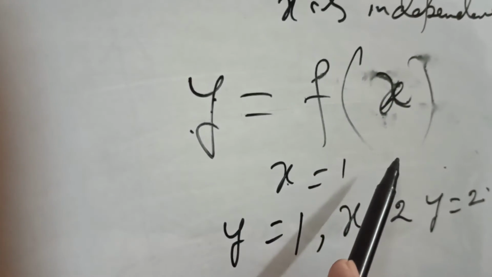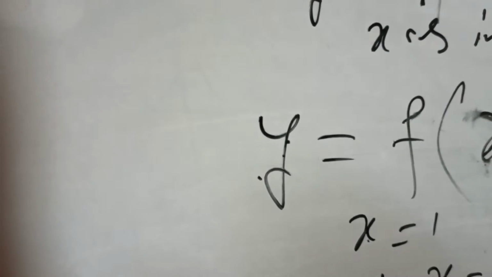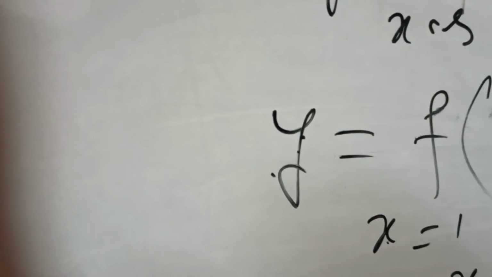Okay, so let's see what elasticity shows. What is the basic definition of elasticity? If x changes, y is also changing. If x changes by 1%, the resulting percentage change in y is called the elasticity of y with respect to x.